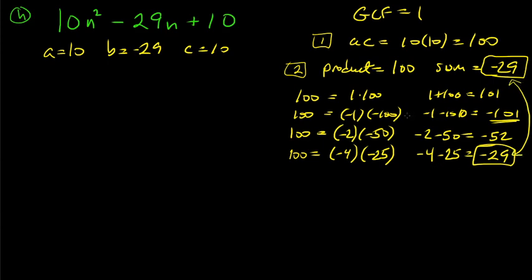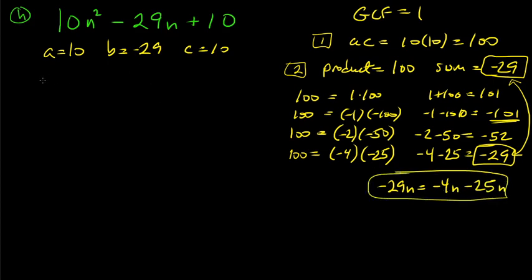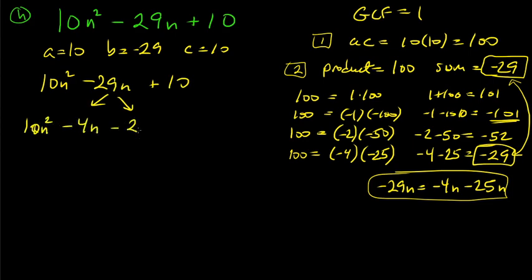So we're going to split up the middle term, the negative 29n, as negative 4n minus 25n. So let's do that here. We'll keep the 10n squared, that's the first term, minus 4n minus 25n, and then plus 10.